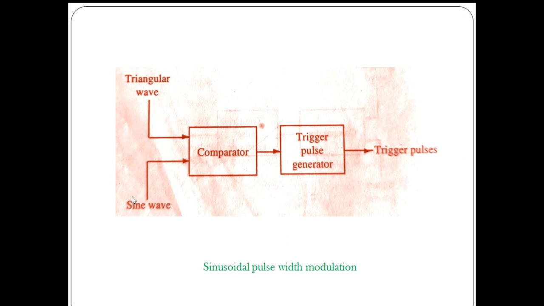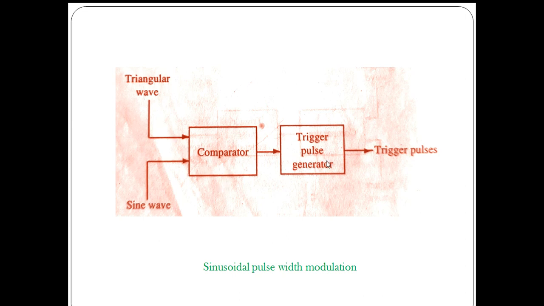In the sinusoidal pulse width modulation technique, the reference sine wave is compared with the carrier triangular wave in a comparator. The comparator will compare these two waveforms and give a signal to the trigger pulse generator where the sine wave has more magnitude compared to the triangular carrier wave.